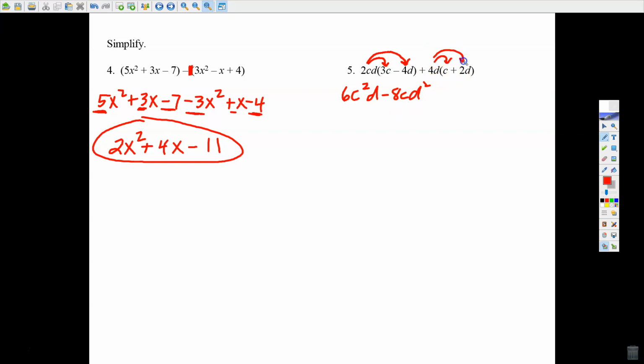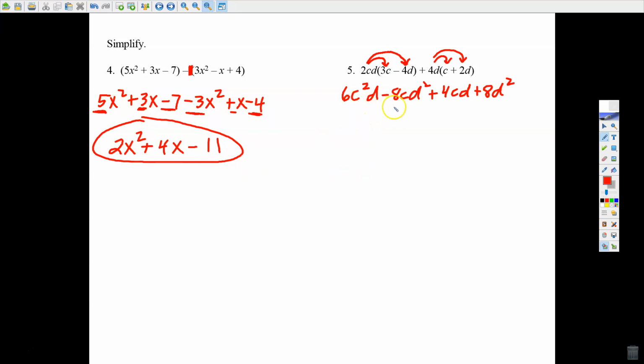All right, now let's do the same thing over here. Distribute 4d. 4d times c, that's 4cd. And then 4d times 2d. 4 times 2 is 8. D times d is d squared. Okay, so much like this other problem, I want to try to combine like terms.